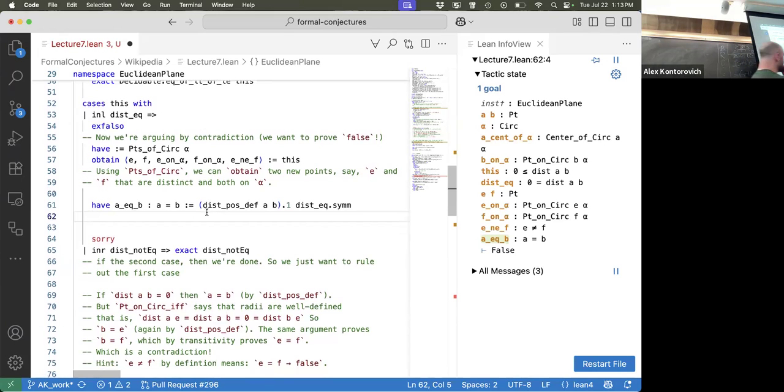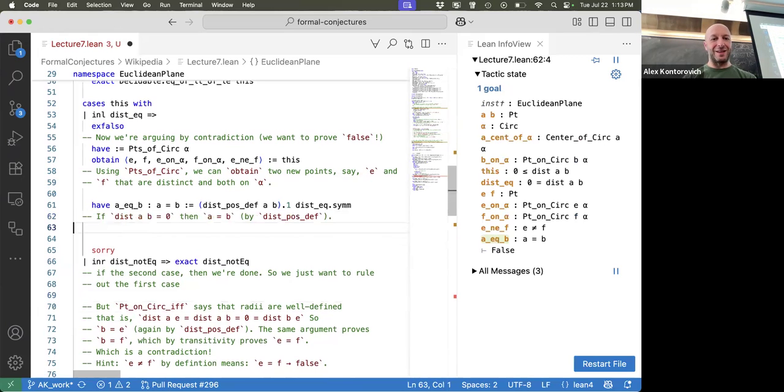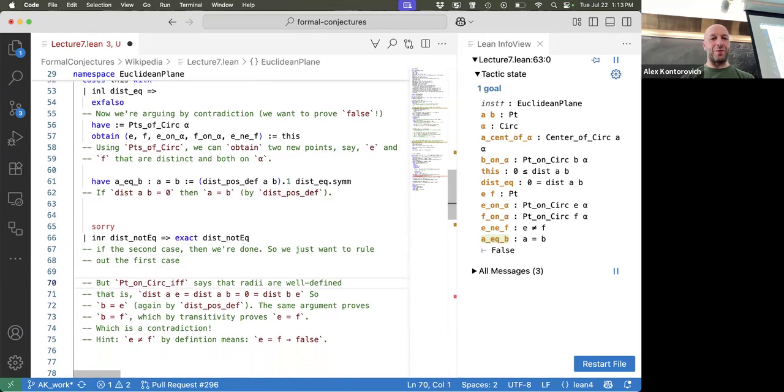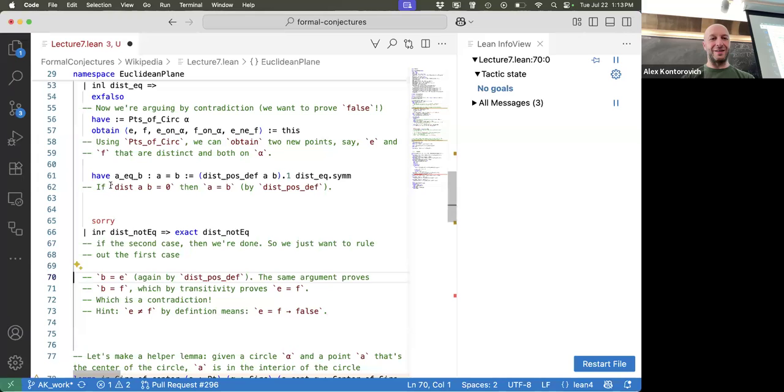What else? How do we get that the distance between A and E is also 0? The definition of the circle. Yeah, so we did this part, and now let's do this part. But points on circ if and only if says that the radii are well defined.